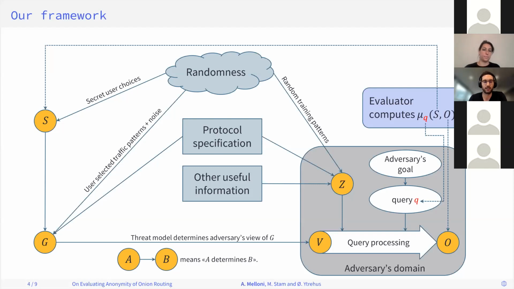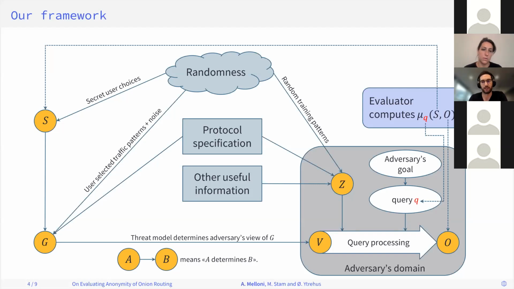G is the random variable capturing the state of the game, and it contains all the relevant information. It also determines V, the view that the adversary has of the game, and the information contained in V is a subset of the information in G. Z contains all the other auxiliary information, for example, training information for machine learning algorithms for the adversary.